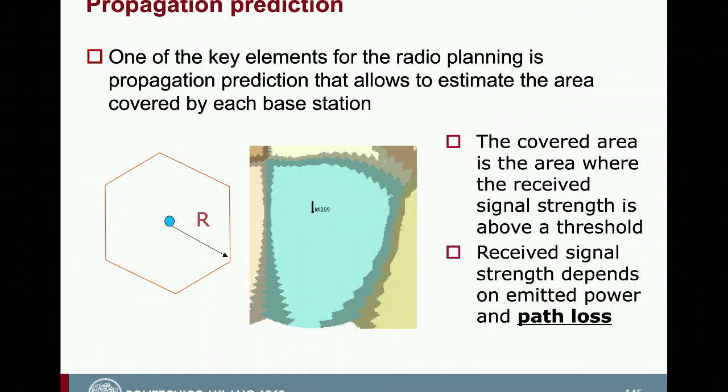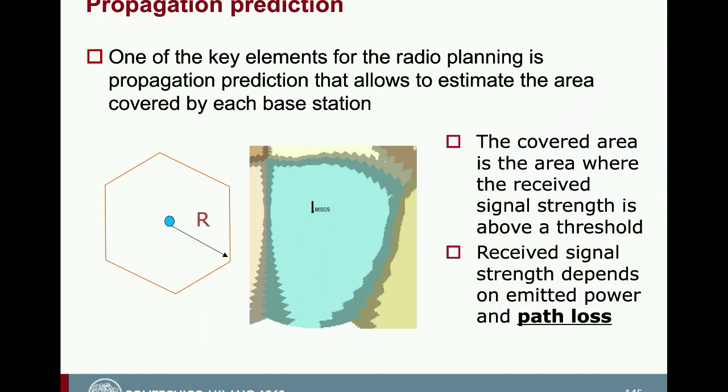One of the key aspects for radio planning is propagation, and that's exactly what we have been working on during the lecture with the tool. The covered area is where we receive a signal strength above a threshold which makes the quality of the signal good enough, and that, as you know, depends on the specific characteristics of the technology and the modulation and encoding scheme that we are using.